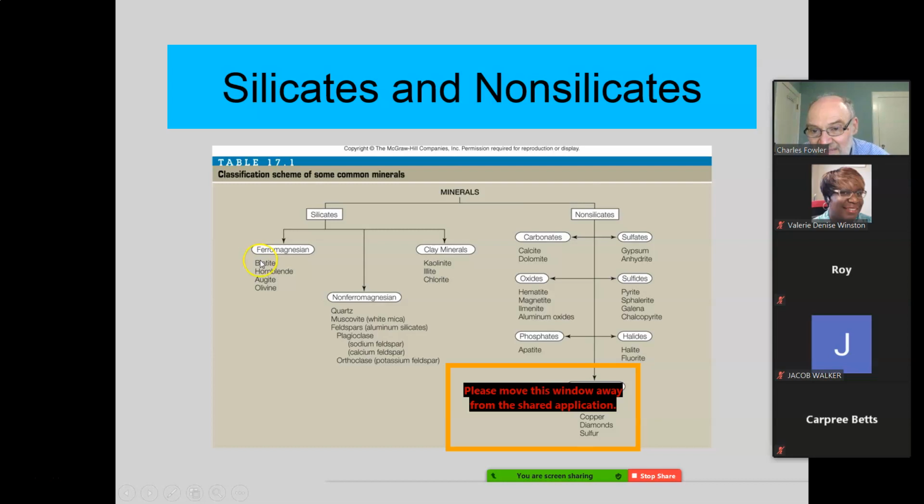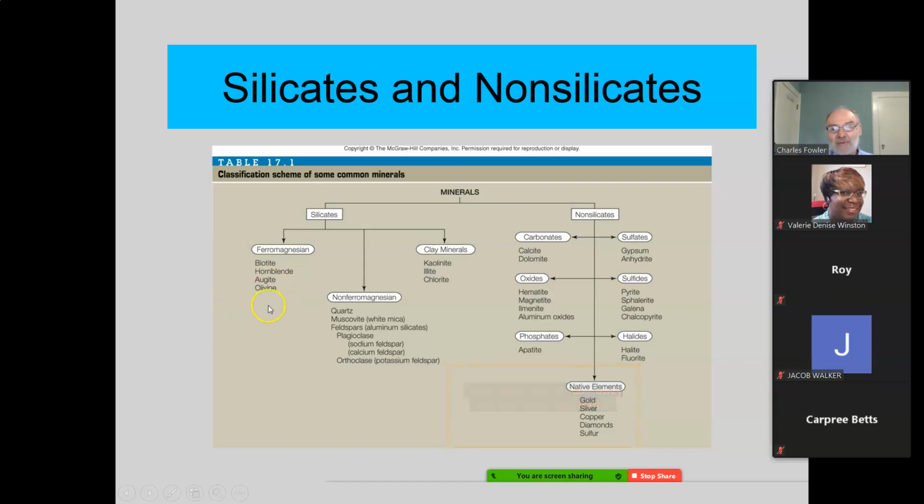So this is in increasing order of iron content. This is fairly light in iron content, which means it is a little lower density than hornblende, augite, and olivine. Olivine is a predominant mineral of the Earth's mantle, which we'll get to later.